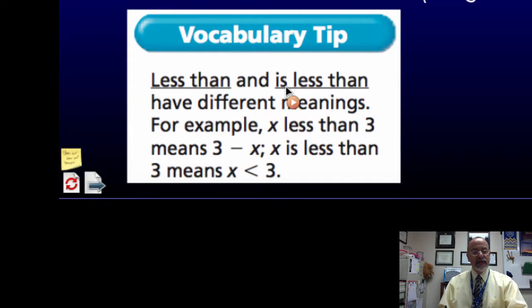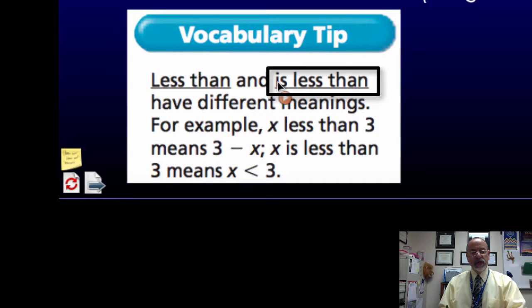However, when we put the word is in front, you remember, is an equal sign. So this word is in front means that now the phrase is less than is referring to a comparing of the words that come before with the words that come after in English.